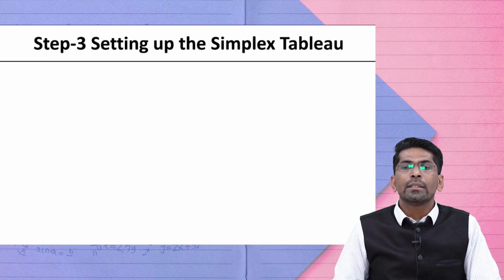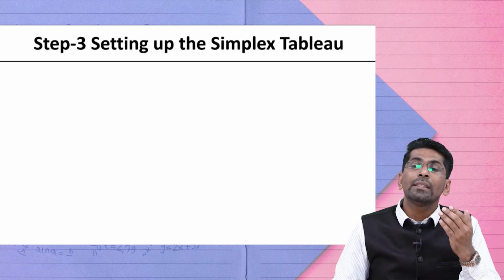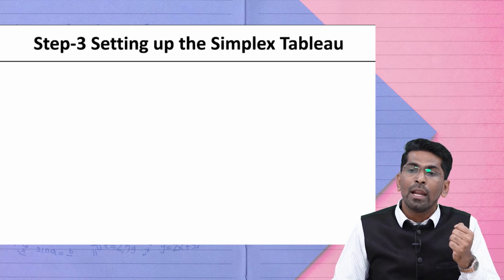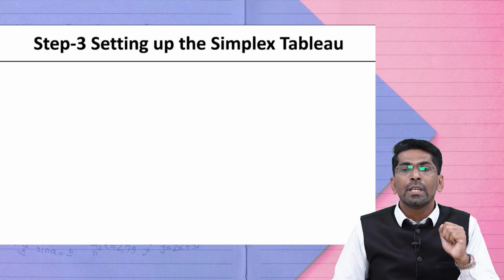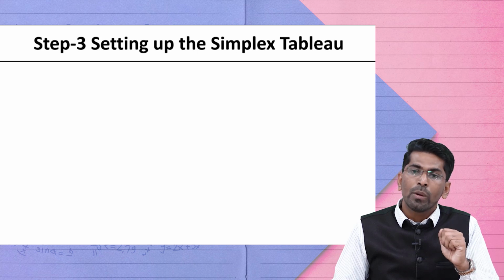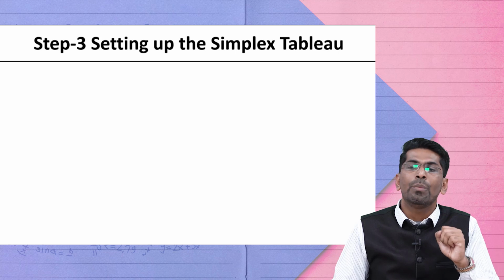After introducing the slack variables and converting the inequalities into equality constraints, we set up a tableau that represents the linear programming model and check for optimality. The next step is to set up the Simplex tableau, which is used to perform row operations on the linear programming model as well as to check the solution for optimality.